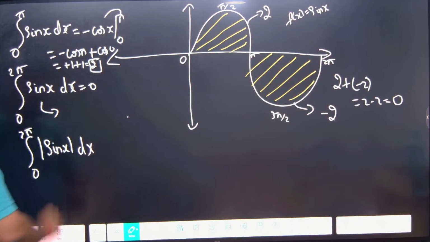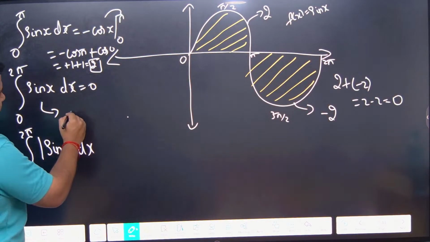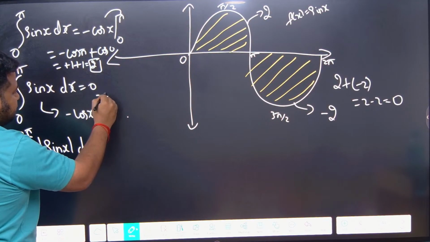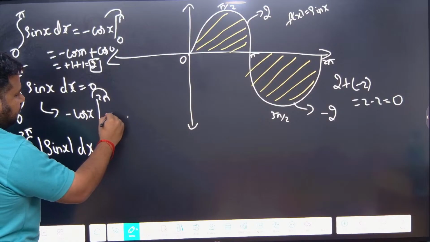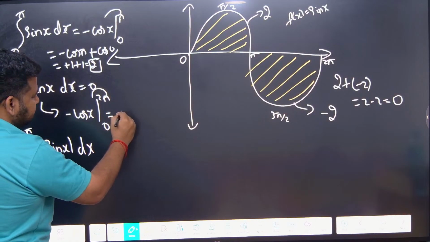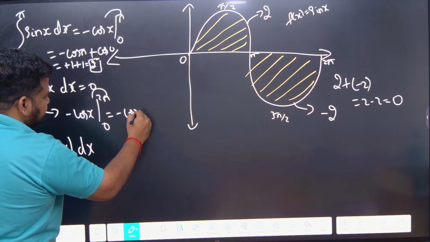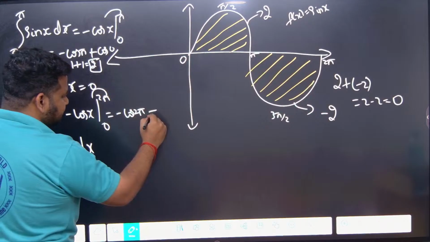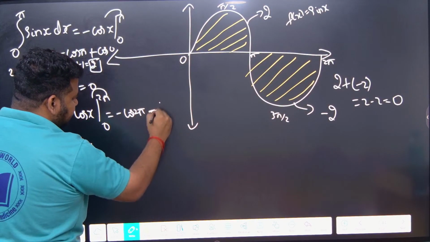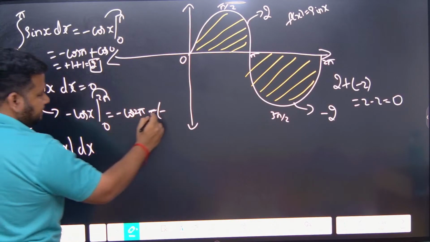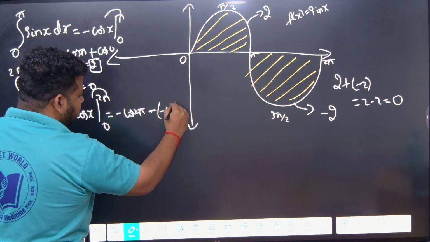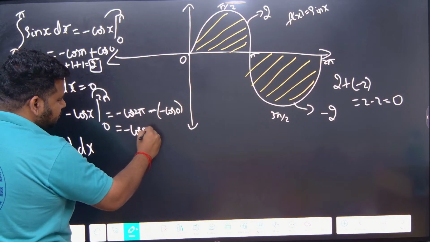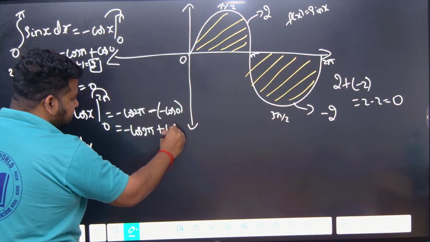Now let us do it by the integration method also. If I integrate, I get minus cos x. Let us apply the limits, 0 and 2 pi. We apply the upper limit, followed by minus the lower limit. So this becomes minus cos 2 pi, minus minus cos 0, which is minus cos 2 pi, minus into minus is plus, plus cos 0.